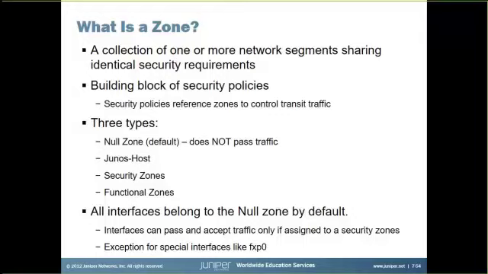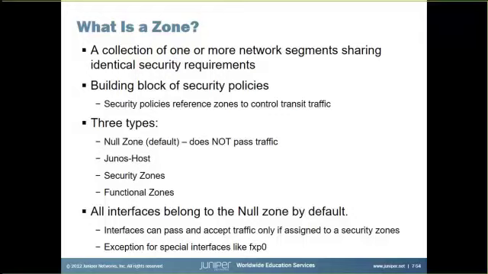There's again different types. I said here 3 types, so in fact 4 different types. There's a null zone or default zone which doesn't pass any traffic at all, and all interfaces by default are part of this null zone.